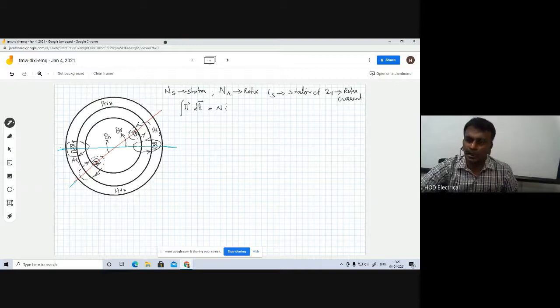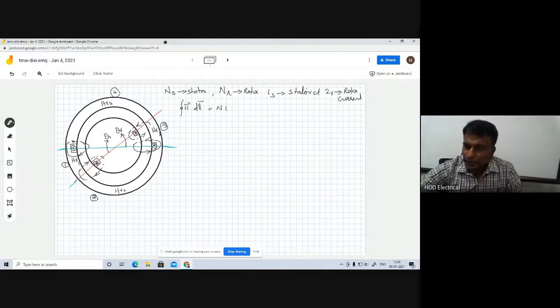Rated as rotor current. So when we take this line integral, assume this is one contour, HR1, this region one contour, then the second contour, third contour, and fourth contour. Now I am writing here this region, one sector, then this is the second one, this is the third sector and the fourth sector.